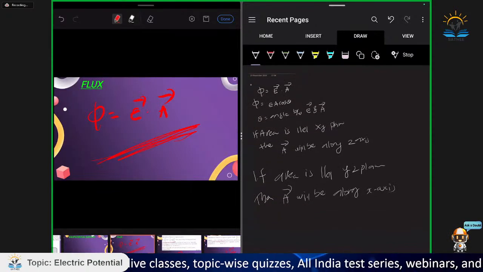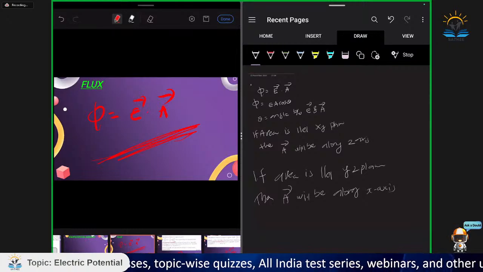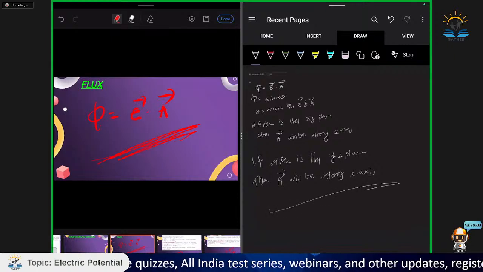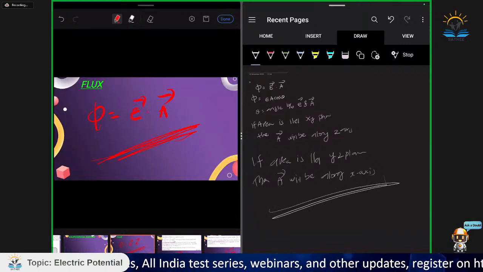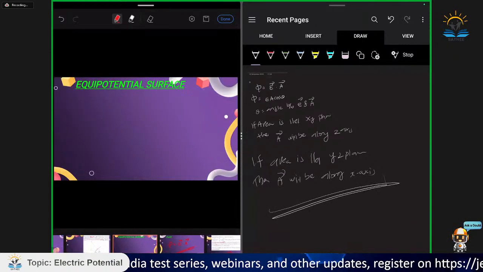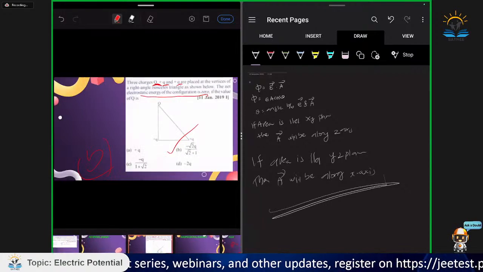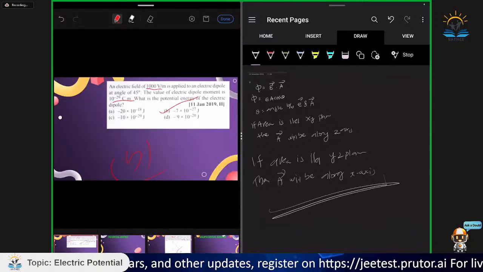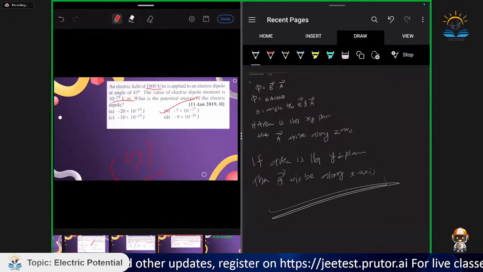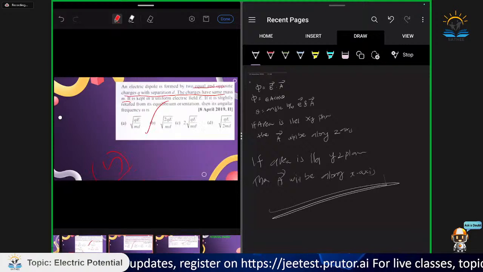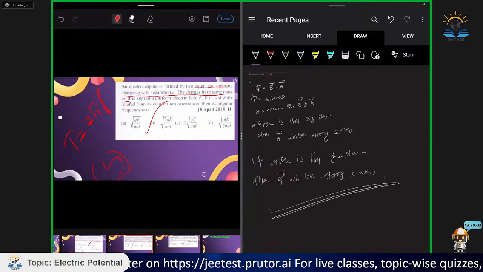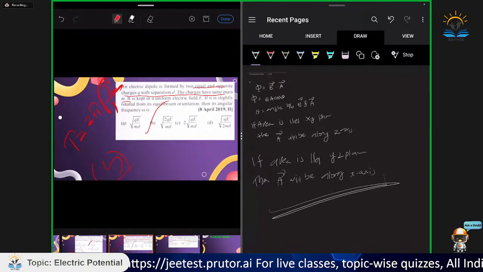Okay. Equipotential surfaces, then electrostatic potential energy. Any doubt? Time period is equal to 2 pi root I by PE.